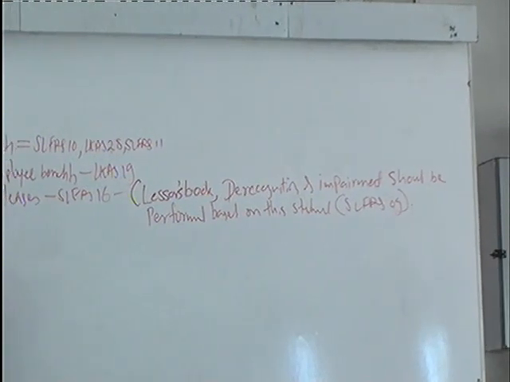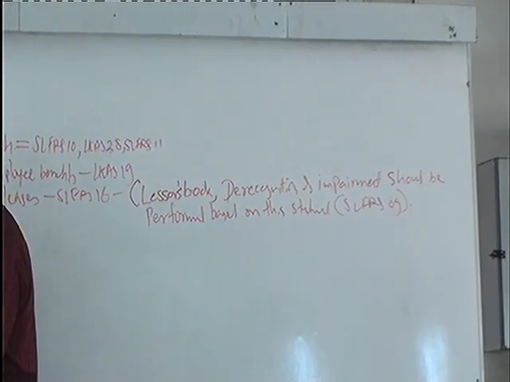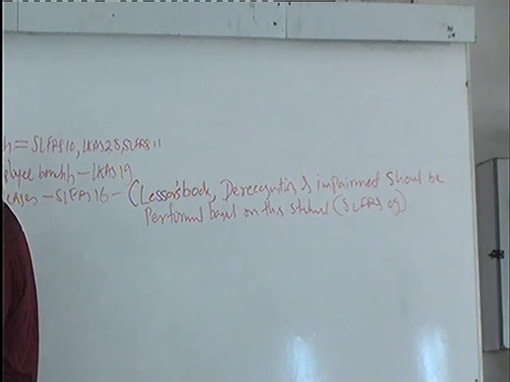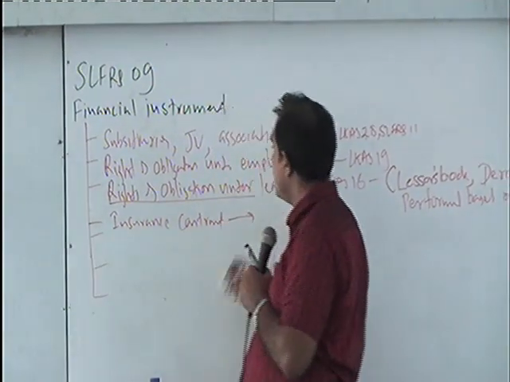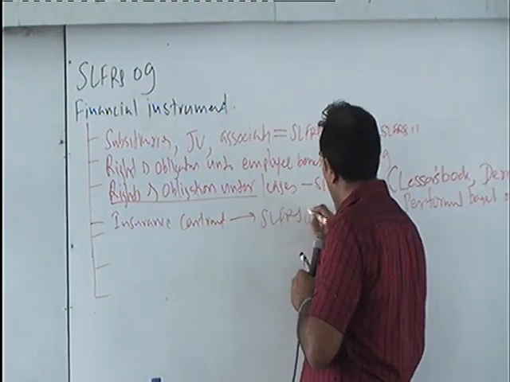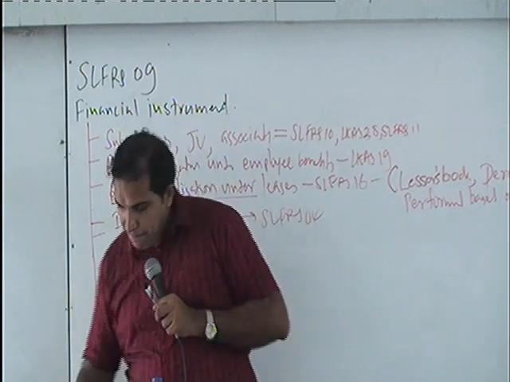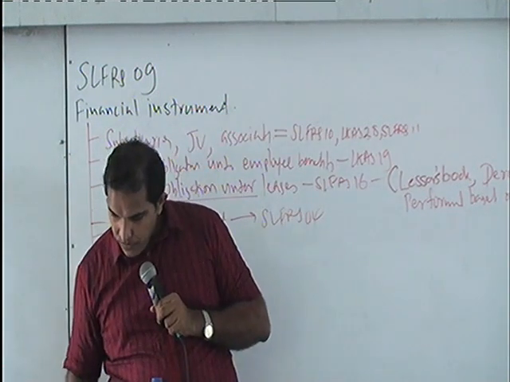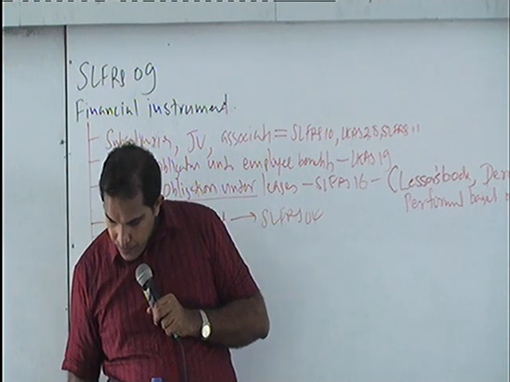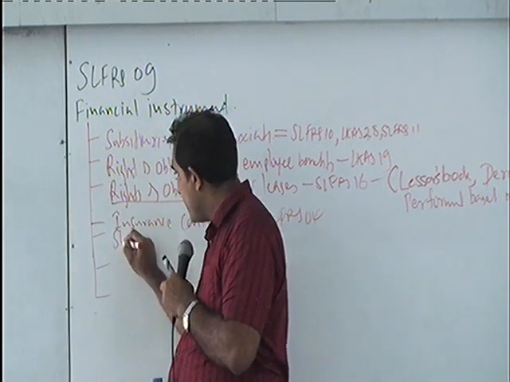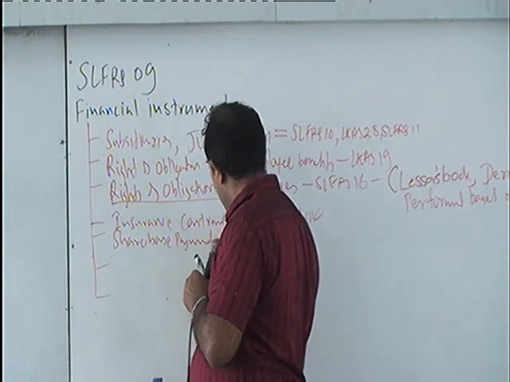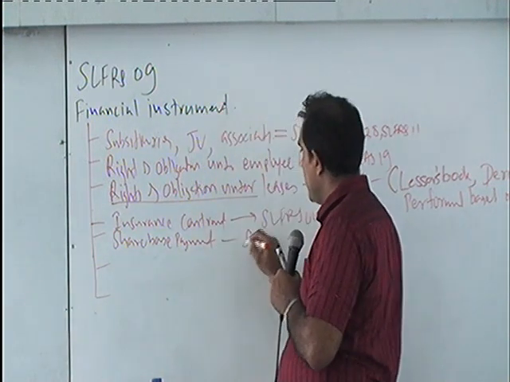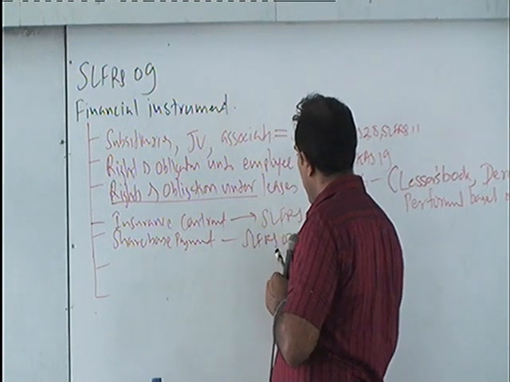Then insurance contract. Write down quickly, don't take much time. Insurance contract, SLFRS 4. Then share-based payment, SLFRS 2.